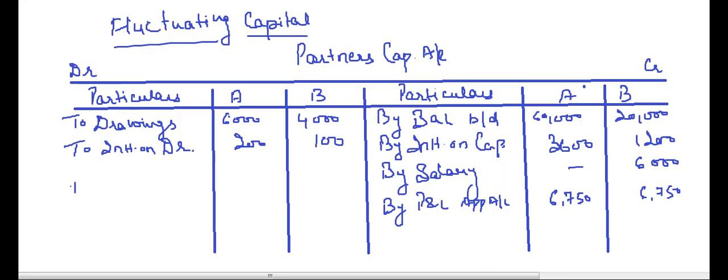We'll say to balance carried down. Now in A's capital account, we have a balance of 64,150.